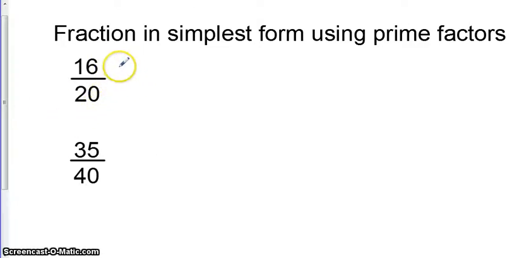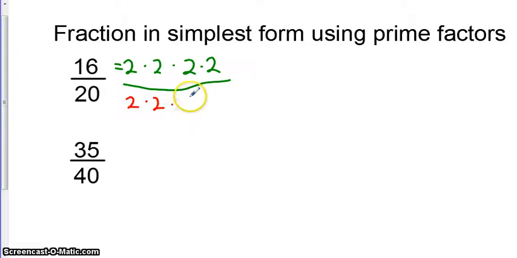So 16/20ths. If you look at 16, 16 can be thought of as 2 times 2 times 2 times 2. Okay? 2 times 2 is 4. 4 times 2 is 8. 8 times 2 is 16. On the flip side, we can look at 20 as 2 times 2 times 5.